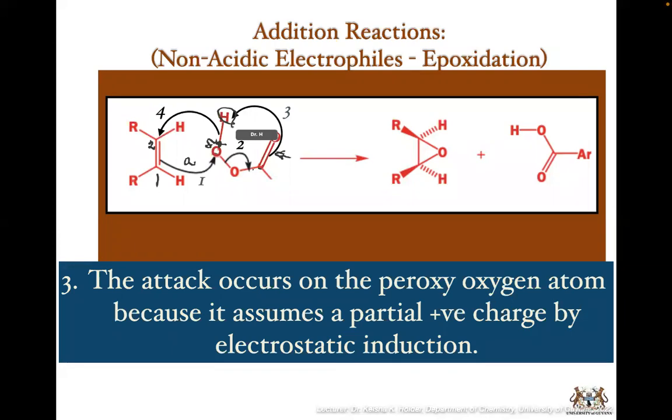And of course, if we're forming a bond with hydrogen, meaning between this and this, we will have to break this bond. So the electrons from here travel to this carbon here, which is carbon 2. And of course, the result is our epoxide.